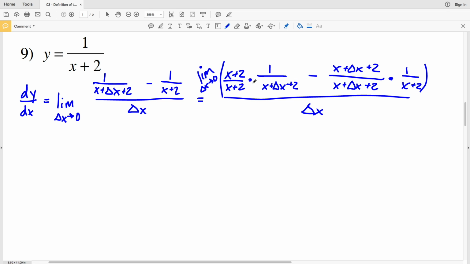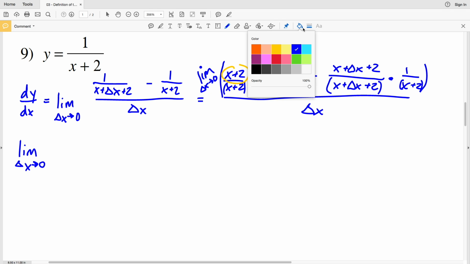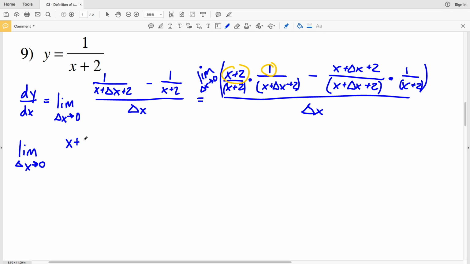Now I'll combine those all over the same denominator, because when I multiply this out, x plus 2 times x plus delta x plus 2 is equivalent to x plus delta x plus 2 times x plus 2. Therefore, I can subtract those numerators. But I'll just write this all out again. So I have the limit as delta x approaches 0 of, first we're going to do x plus 2 times 1, which is simply x plus 2.